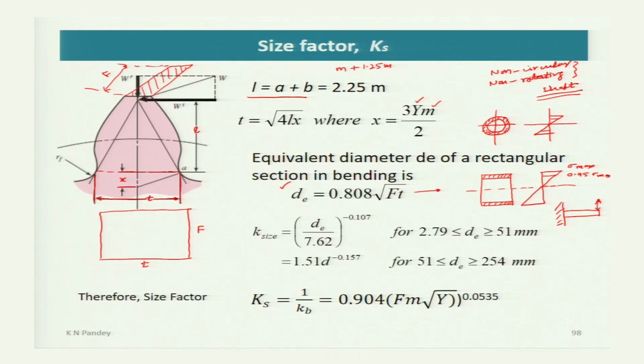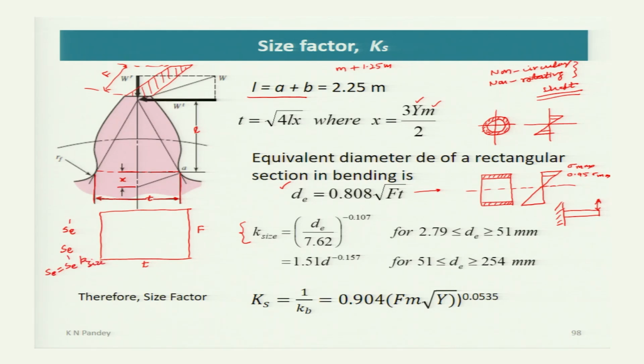T is this one. Now, this D equivalent is used in the size factor for the endurance limit modifying factor. If Se dash is the endurance limit obtained from the rotating beam experiment, and Se is the endurance limit of our component of a size different from the rotating beam experiment, then Se is equal to Se dash multiplied by K size.